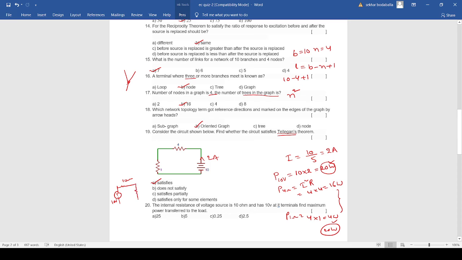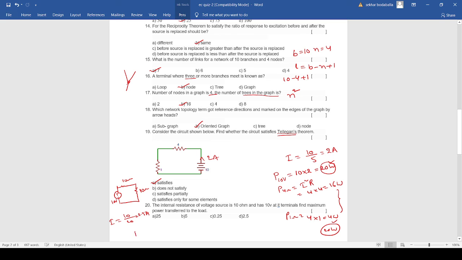Now he is asking us to find the maximum power transfer to the load. In order to transfer maximum power, the load resistance has to be equal to the source resistance. So I am taking the load resistance as 10 ohms. So the current flowing through this circuit I will be 10 divided by 20, that is 0.5 ampere.